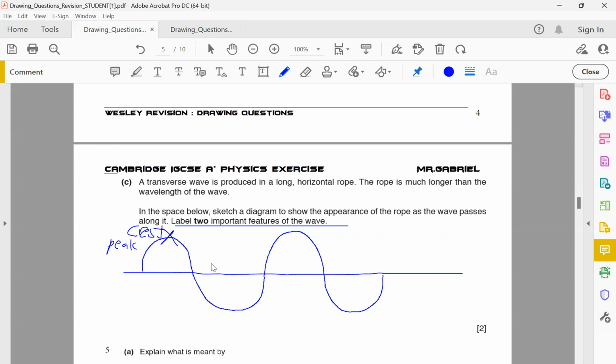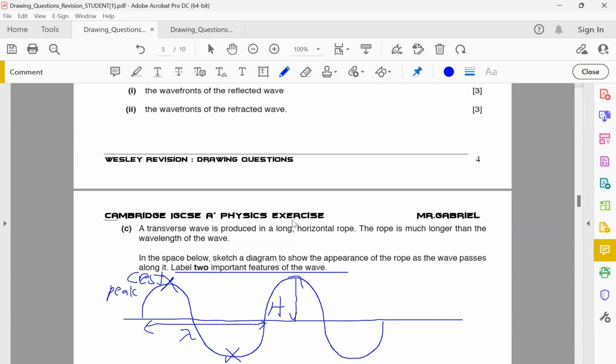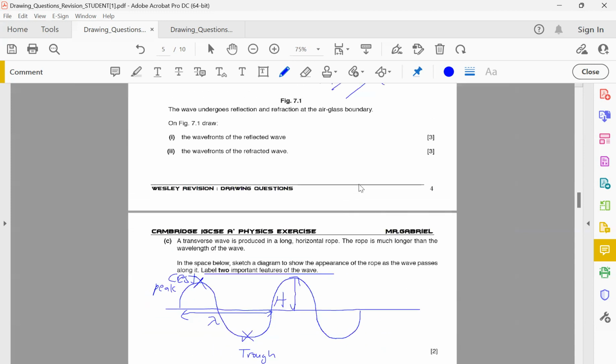This part here will be known as your trough, and this part will be known as your amplitude, and you could also go from here to here and state that it is the wavelength. Either 2 of these, there you get 2 marks already. Bam, free.